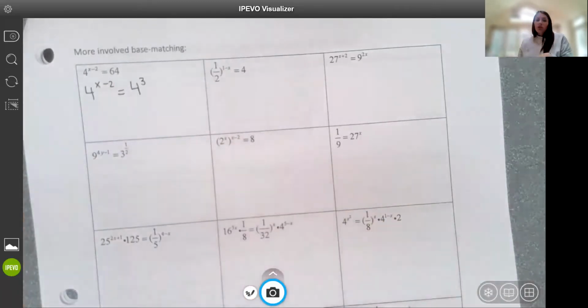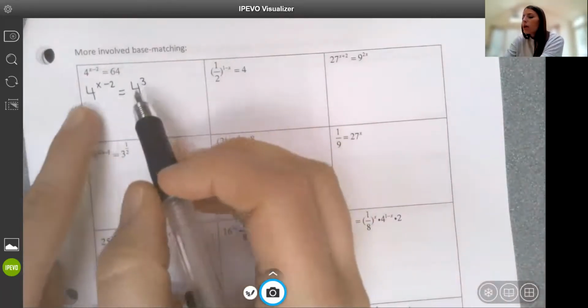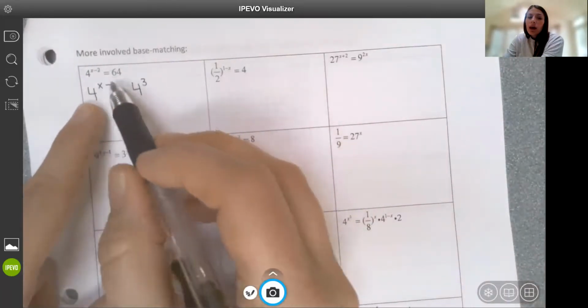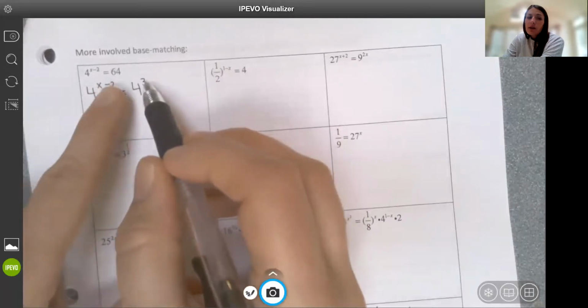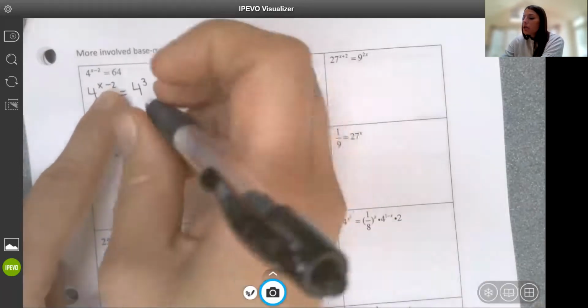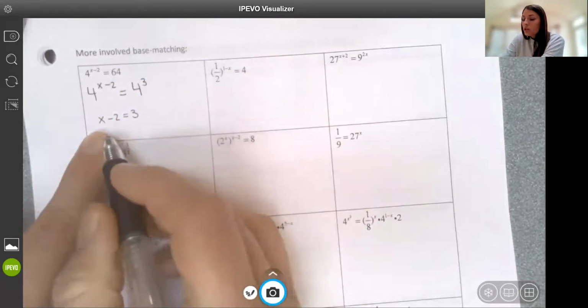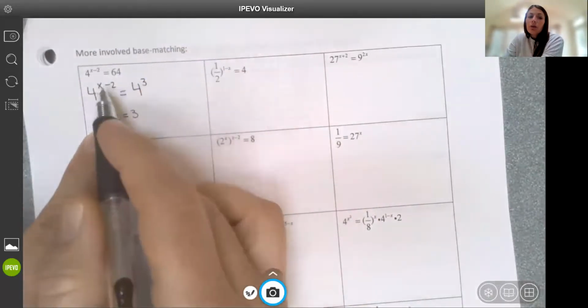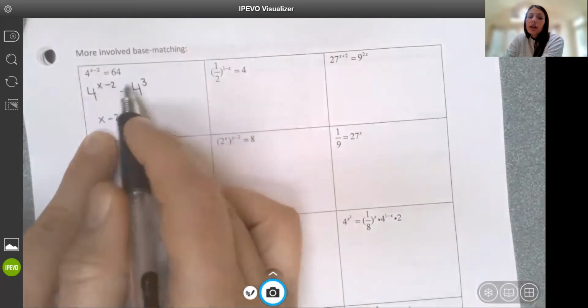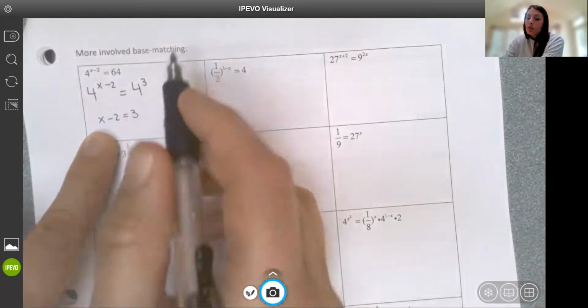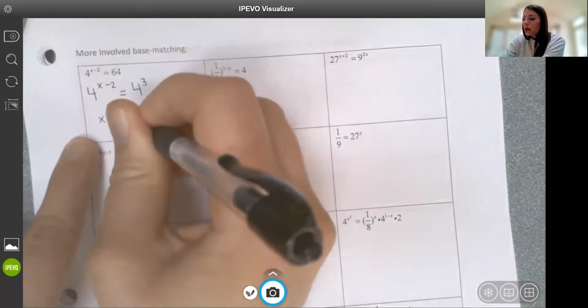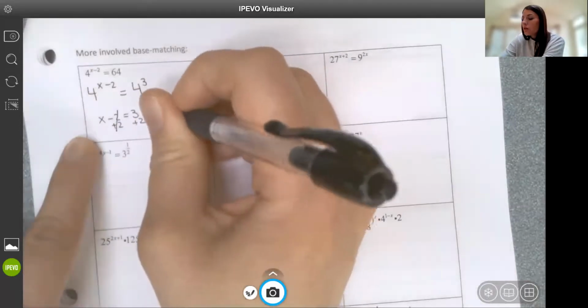So before, where we just said x equals 3 or x equals whatever, now we know that if it's 4 to some power equals 4 to some other power, then these powers must be equal. So now I'm going to rewrite, just setting the powers equal to each other. So x minus 2 must equal 3. And I'm going to have to do some inverse operations work to solve for x. So x equals 5.